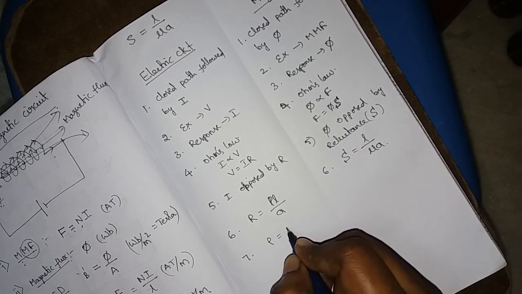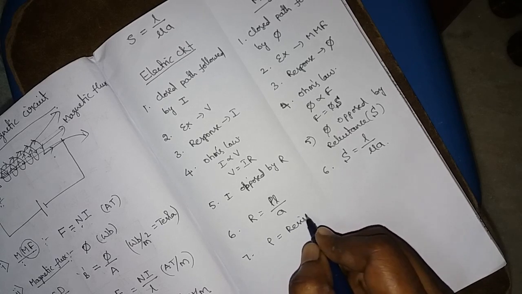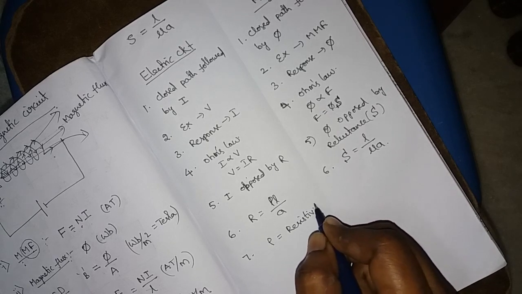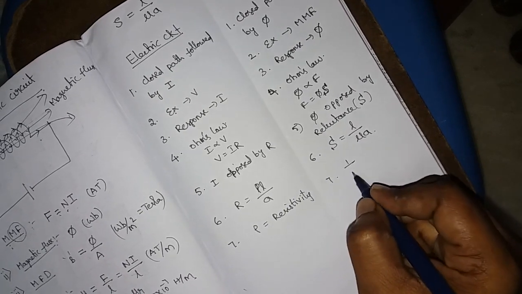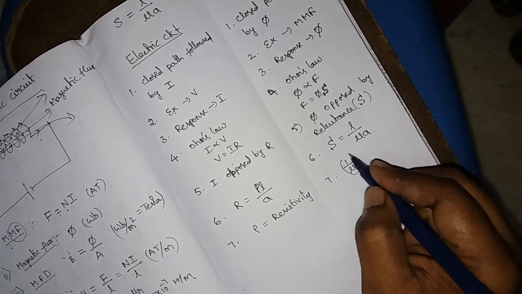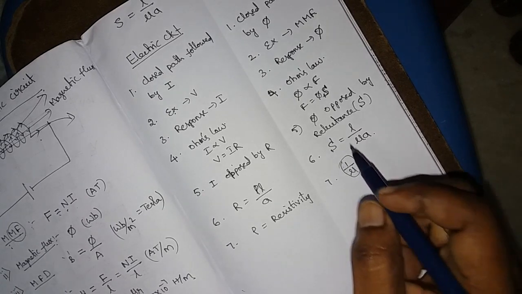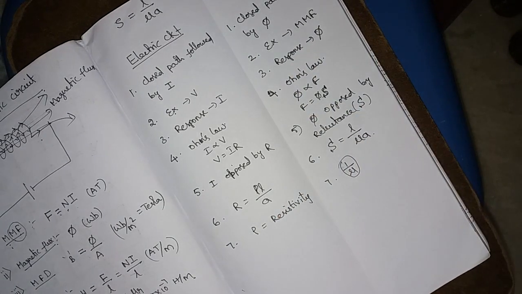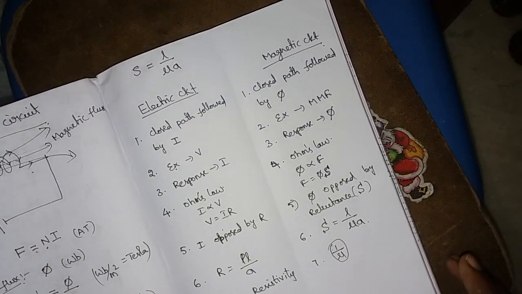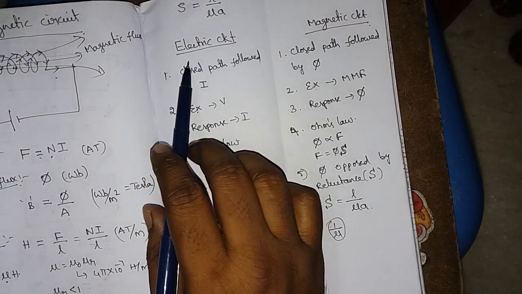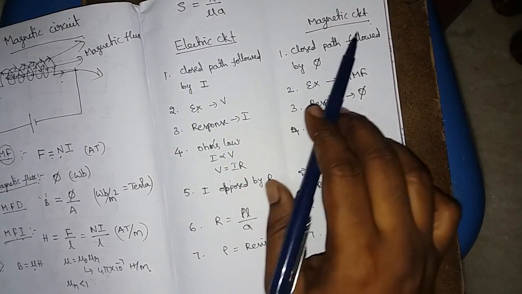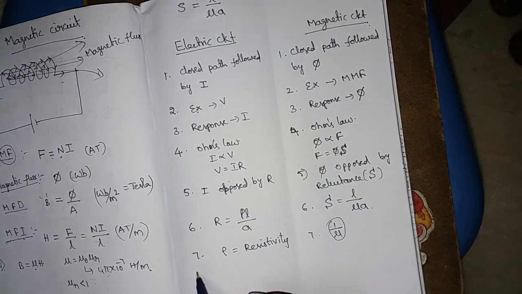Therefore, 1 by mu is the factor which opposes the distribution of the magnetic flux. I hope you understand all these topics. That is the analogy between electric circuit and magnetic circuit.